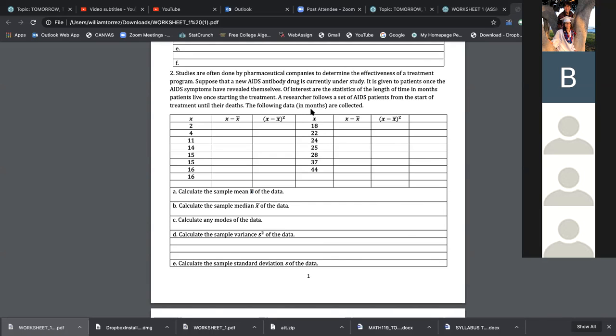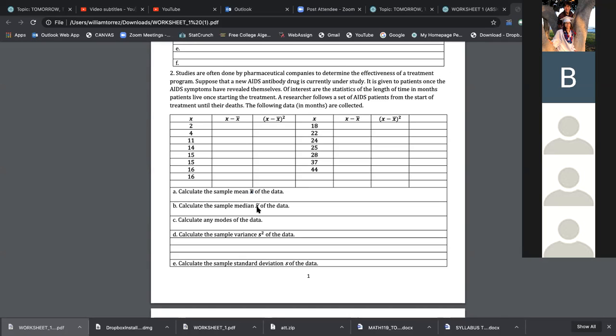That would be useful to the pharmaceutical company, because they would compare this treatment with other drugs that they have out in the market to see if there has been an improvement in the length of time patients survive.